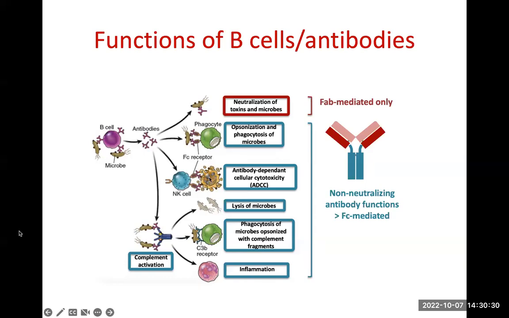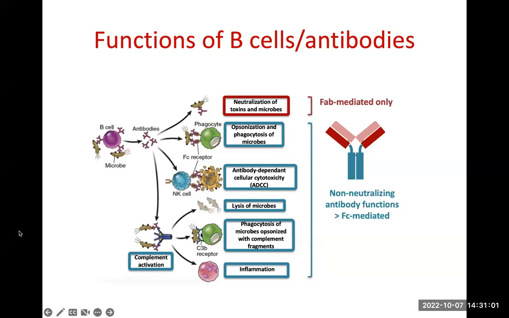So if you have a cell that is infected, natural killer cells will come to identify it, because that infected cell will be coated by antibodies that were produced by the B cells. That is very similar to what CD8 T cells did, whereby they minimize viral replication by eliminating all infected cells.